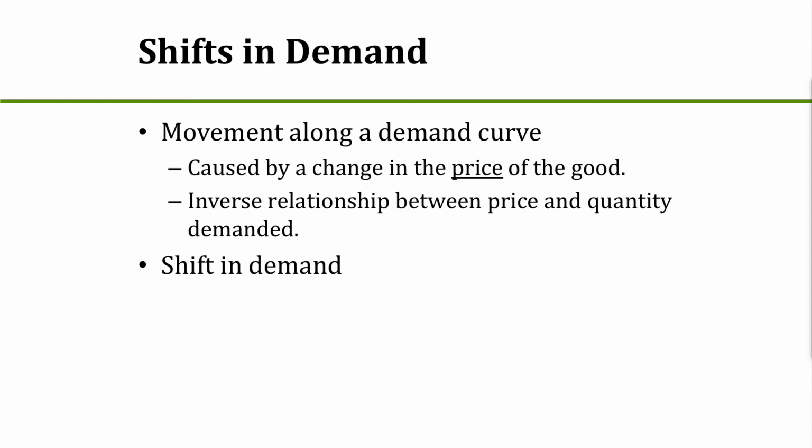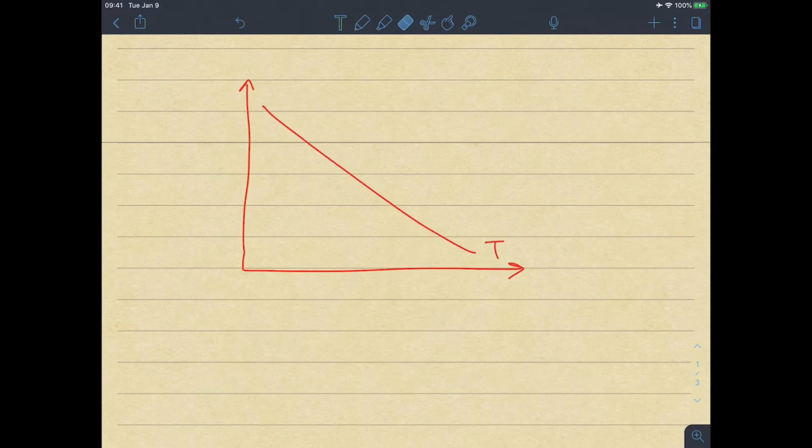So we already know the law of demand. There's an inverse relationship between the price and the quantity demanded. So when the price of a good changes, we will be on the same demand curve, but we will be on a different point. Let's assume that we are initially at this point A. This is PA, the initial price, and the initial quantity demanded.